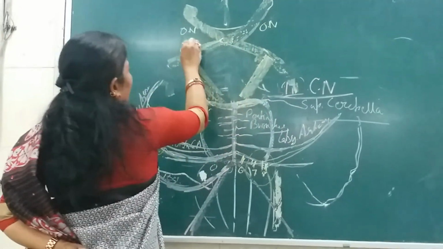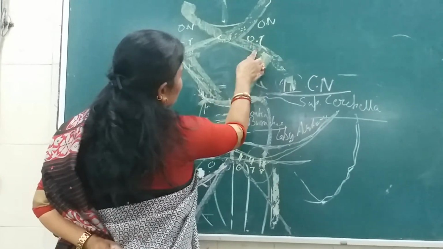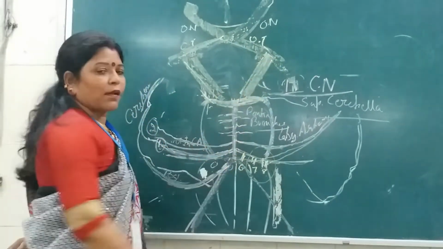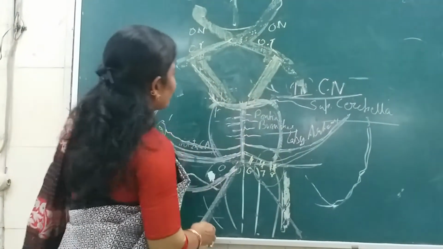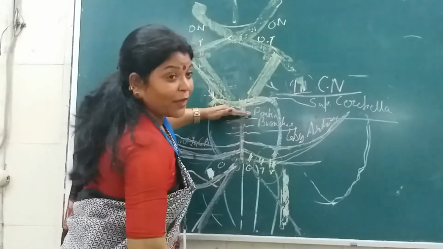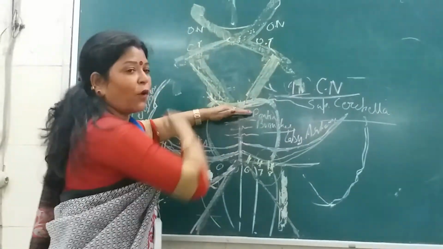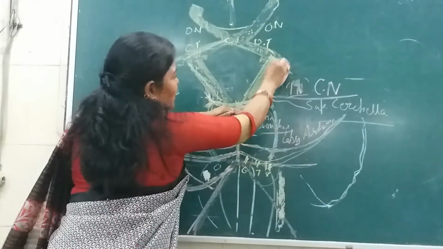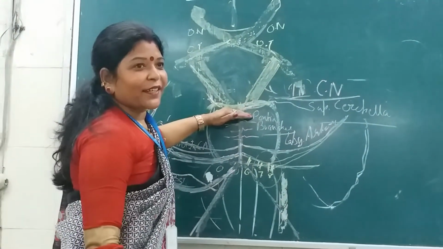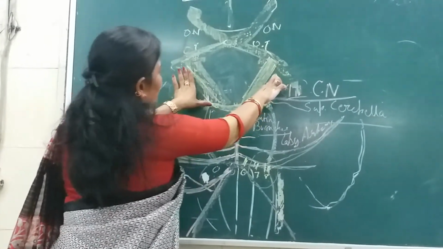This is the optic tract, both sides. And what is this? Just above, I am saying, this is the upper border of the pons. So this part was of what? Midbrain. So see, this is the cerebral peduncle, isn't it? The posterolateral boundary is formed by the cerebral peduncle.